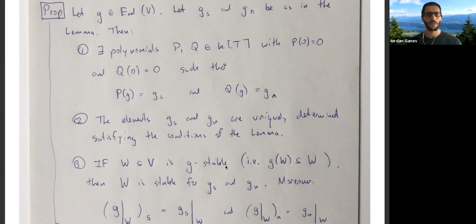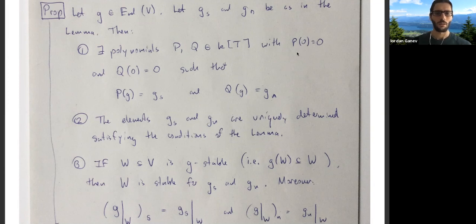Then the first thing we'll claim is that these matrices G sub S and G sub N can be written as polynomials in terms of the original G. More precisely, there are polynomials P and Q, which we think of as abstract polynomials in a variable T, and we have the condition that P of 0 is equal to 0 and Q of 0 is equal to 0.